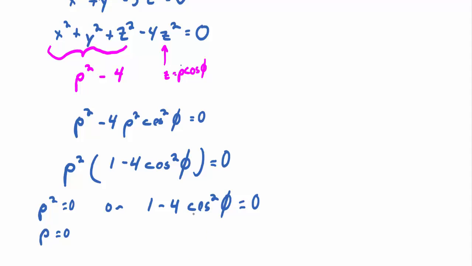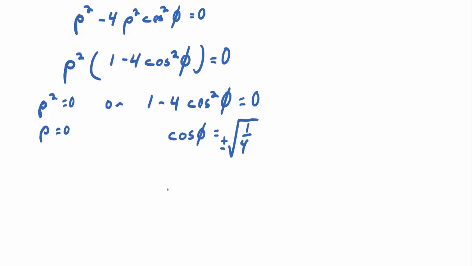If I solve that for cosine, I'll get plus or minus the square root of 1/4. Everybody see that? Subtract 1, divide by negative 4, take the square root. So that means cosine of phi is equal to plus or minus 1/2, right?